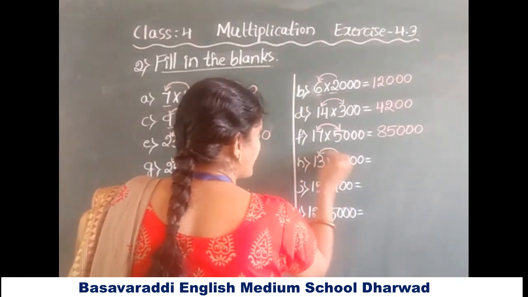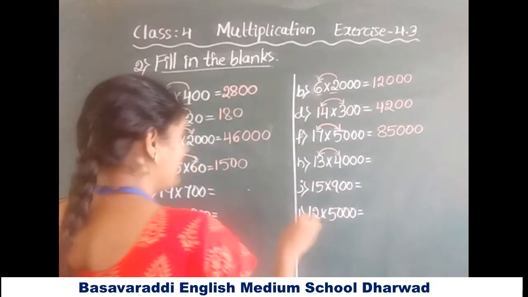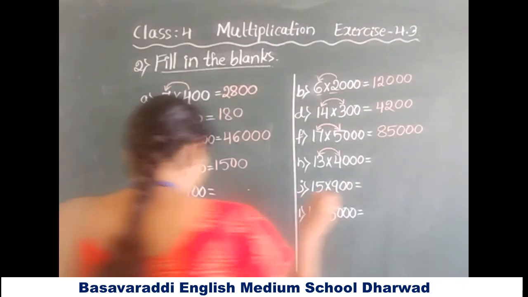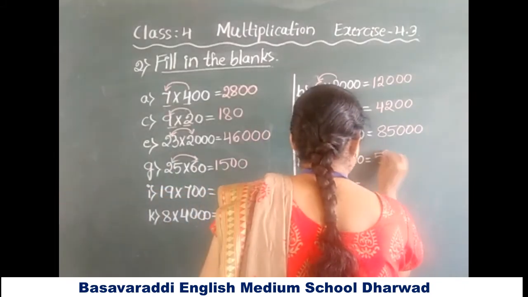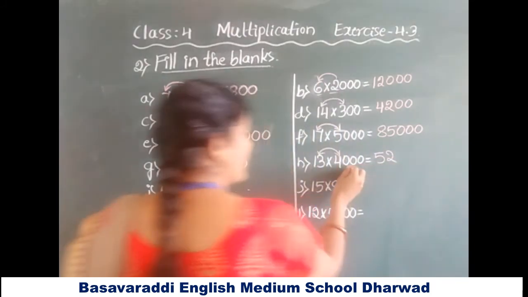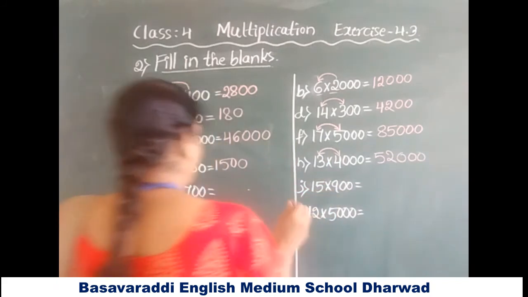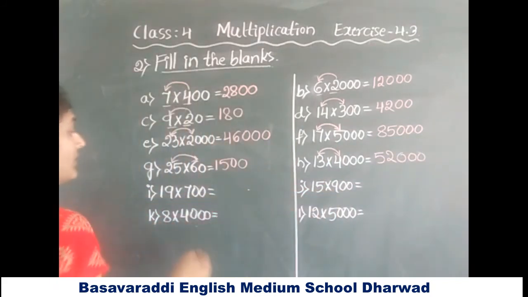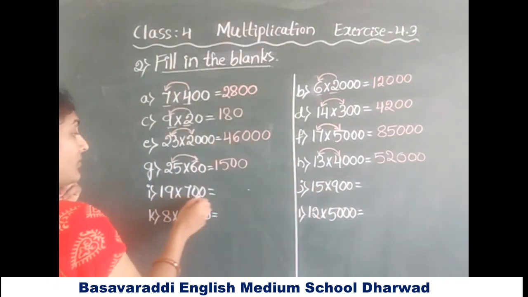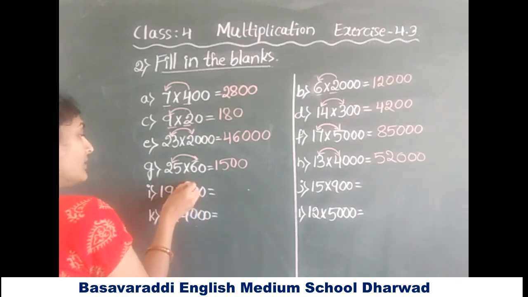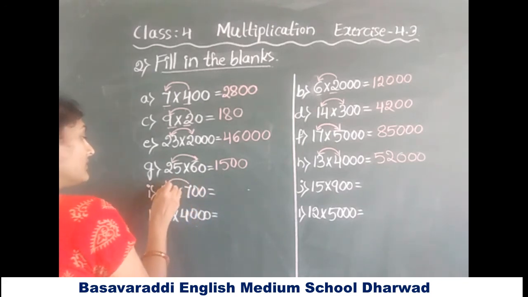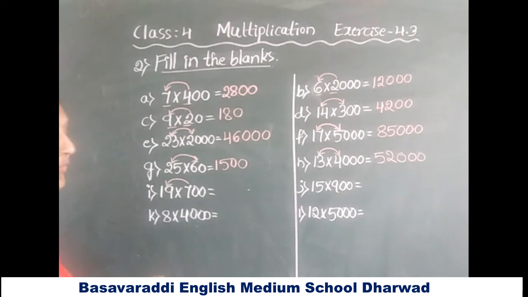The 13 fours are 4 13s, that is 52. And then put the zeros. How many zeros? 1, 2, 3. So write the 3 zeros there. The next one, the 19 into 700. Multiply the non-zero part first.